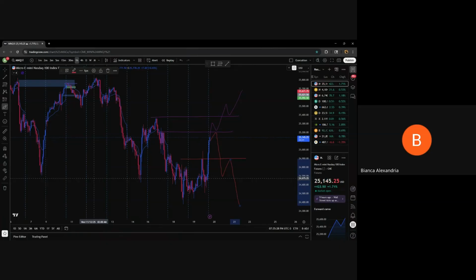So I like to see the full layout of everything happening between 6 p.m. and about 7:30 or 8 o'clock in the morning. Then I can make a better educated guess of what could potentially happen. Okay, that makes sense.